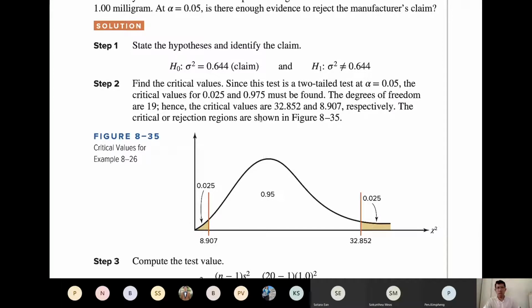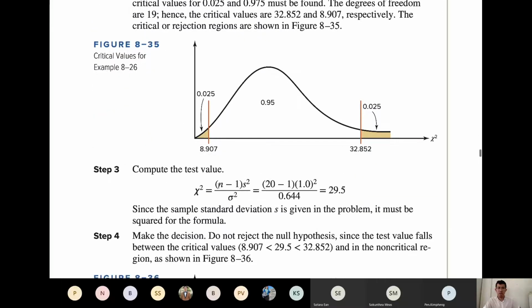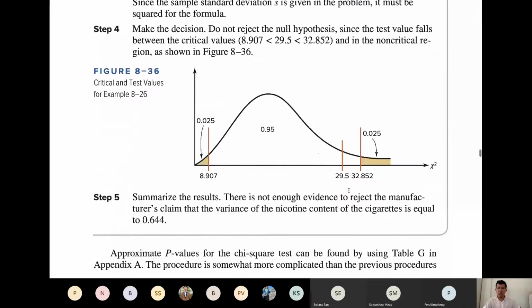So you have to compute the test value. Okay, you compute the test value using the same test statistic because everything is given here, right? And then you come up with a test value of 29.5. And again, where is 29? 29 is between these critical values. So it's outside the critical region or the rejection region.